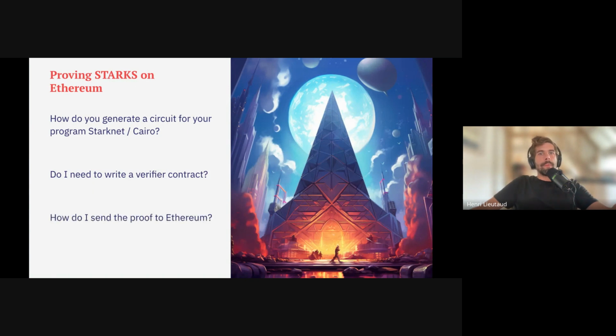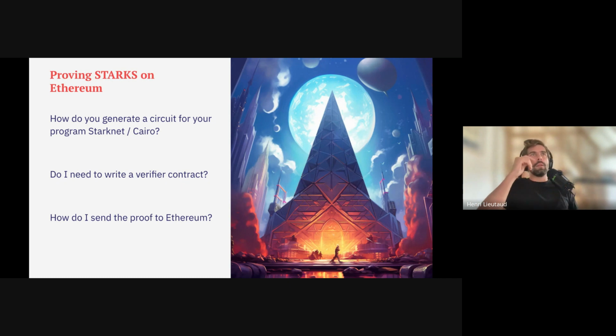One important thing to note when we talk about proving: if you have some experience doing proofs on Ethereum, you may think, wait, if I write a Cairo program, do I generate a verifier? Do I generate a prover? Do I need a specific setup? Do I generate a circuit?